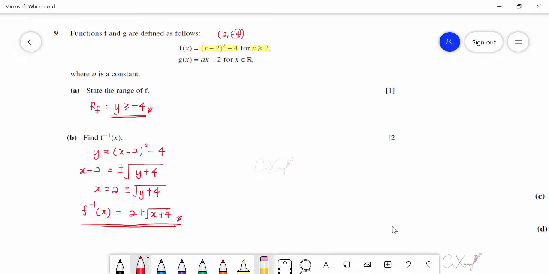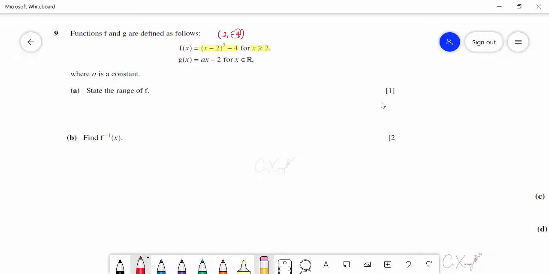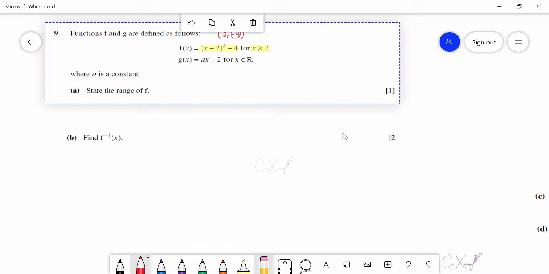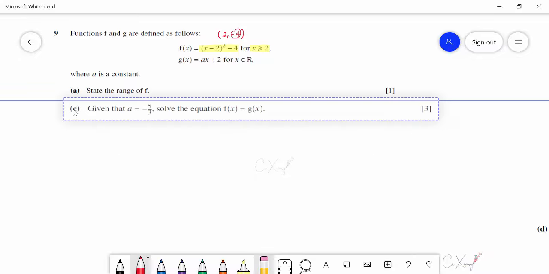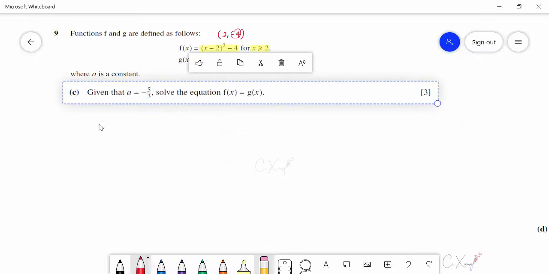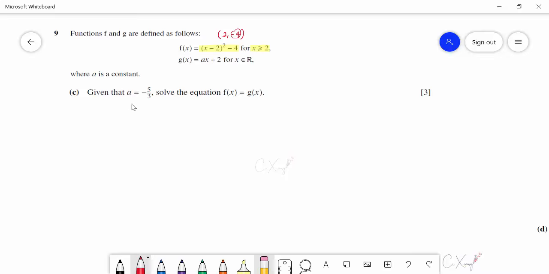Now we continue to part C. For part C, I will erase all the solution here. Now let us have a look at part C. Given that a equals -5/3, they want us to solve the equation f(x) equals g(x).